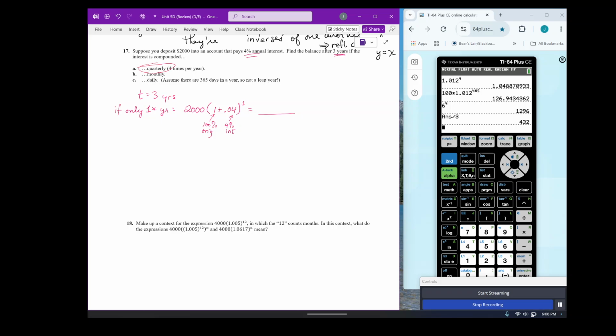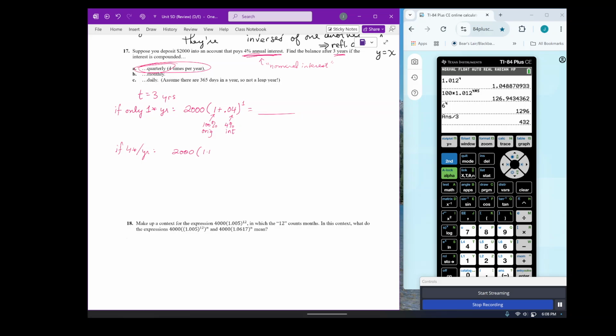And when it says quarterly, 4 times a year, what this 4% really means is that it's the nominal interest rate. It's not the real interest, it's the stated rate. And really, the more frequently you do it, the better it is, right? So if 4 times a year, we're not going to do 4% 4 times a year.